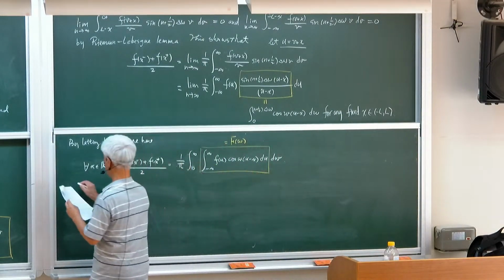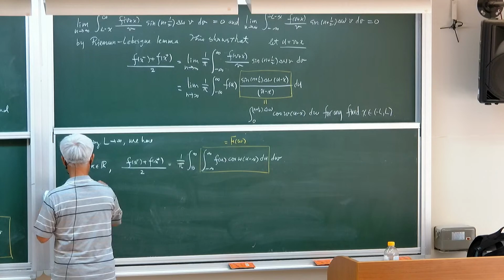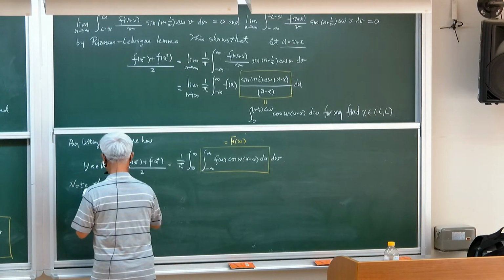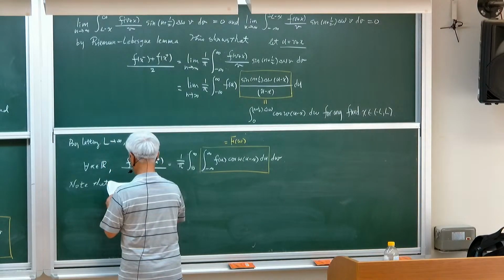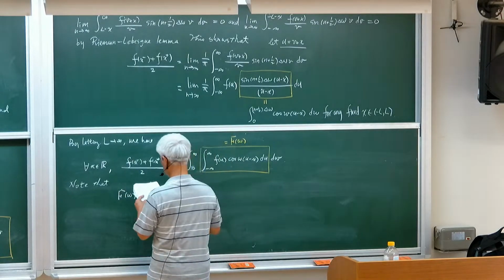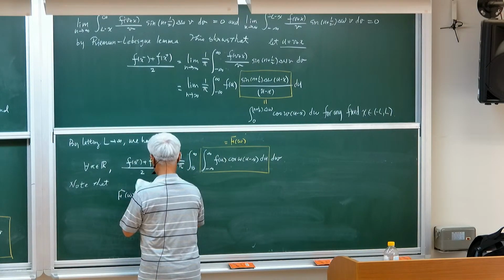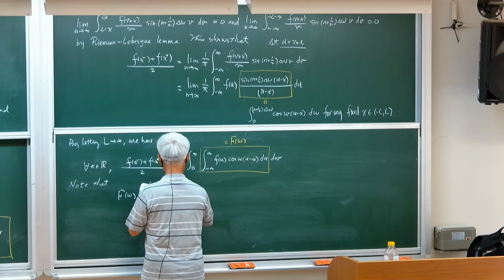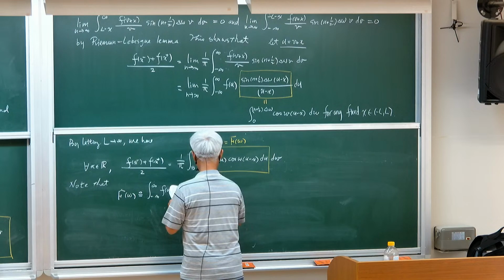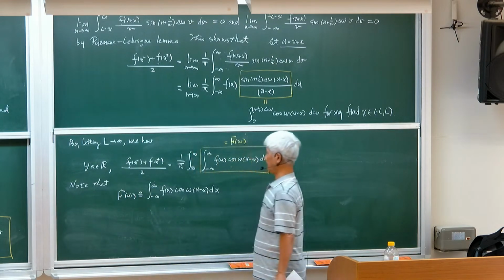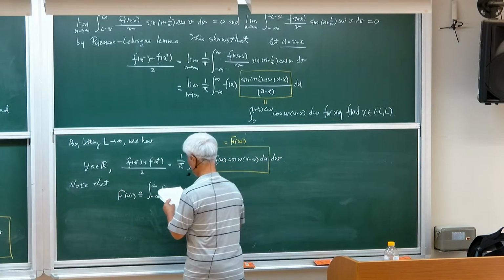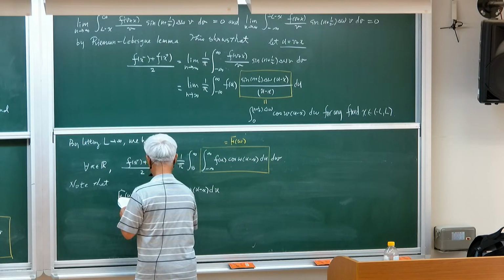So note that f of omega, as we know, is the inner integral of f of u cosine omega (u minus x) du. It can be written.